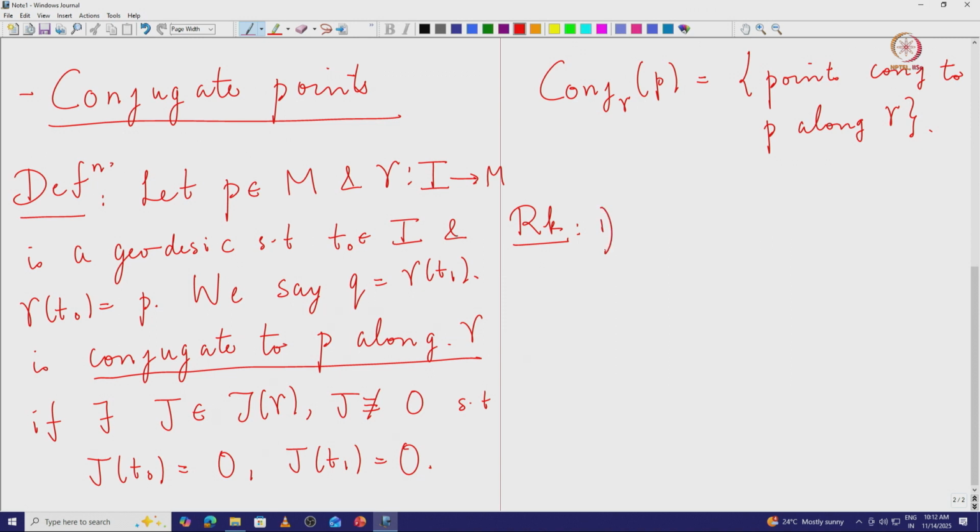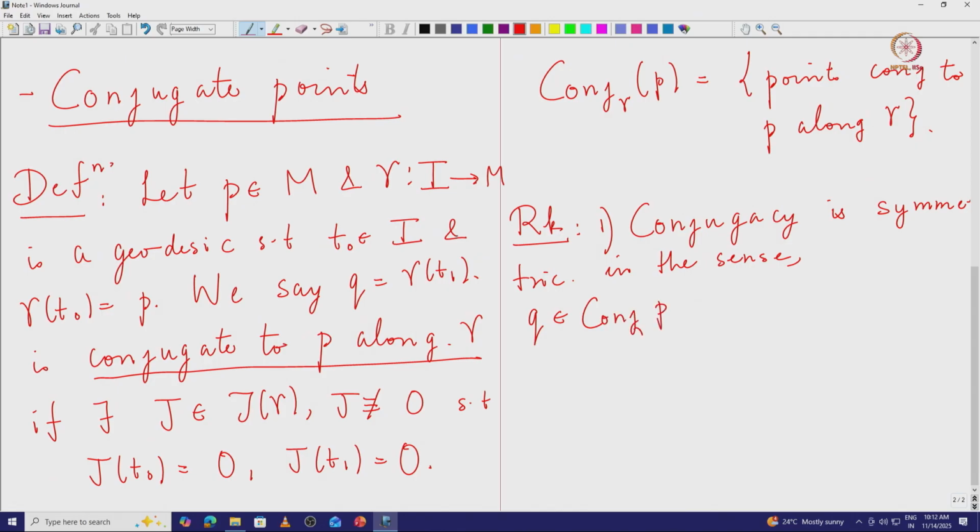The first point is that the conjugacy relationship is symmetric, in the following sense: Q is conjugate to P along gamma if and only if P is conjugate to Q along gamma.